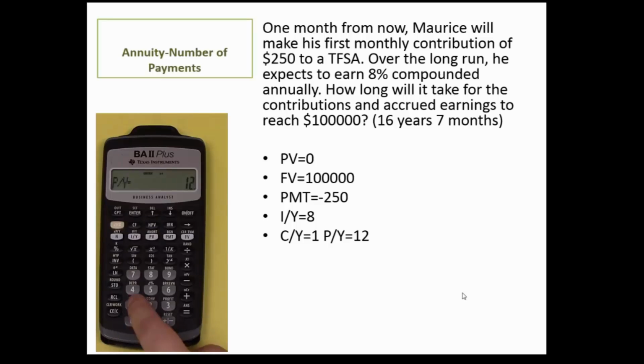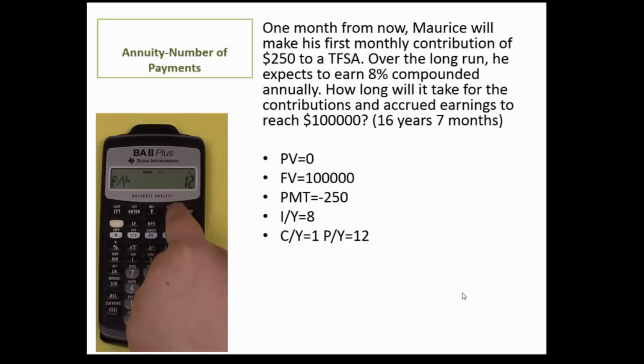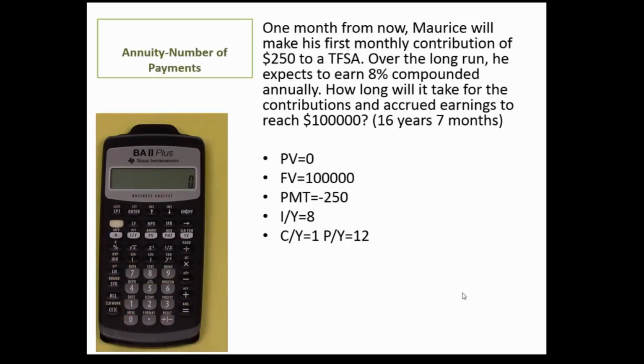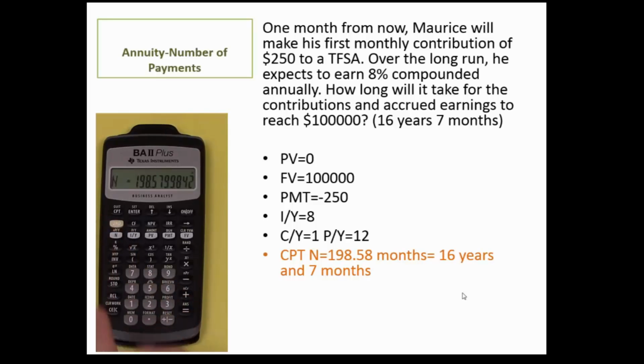The payment is 12. However, the compounding is 1. Now, press Compute N to get the answer of 198.58 months, or 16 years and 7 months.